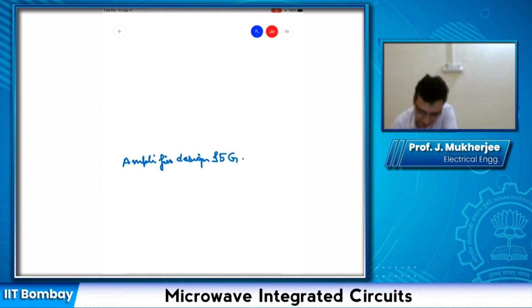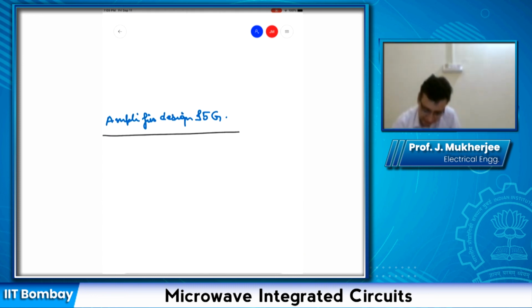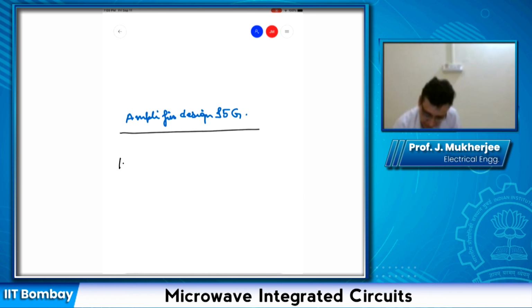So this is something interesting. In 5G, the concepts are a little different as compared to the earlier standards. How is it different? First thing is, in 5G, OFDM modulation is present.